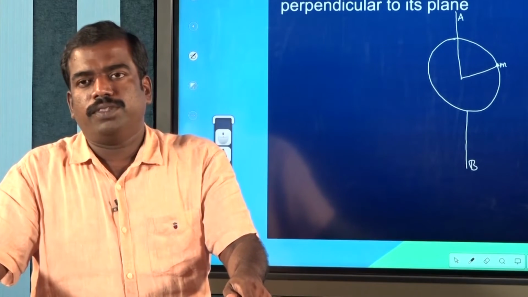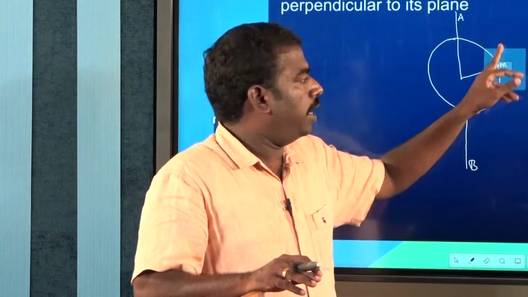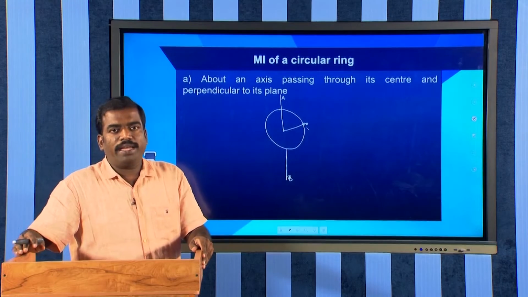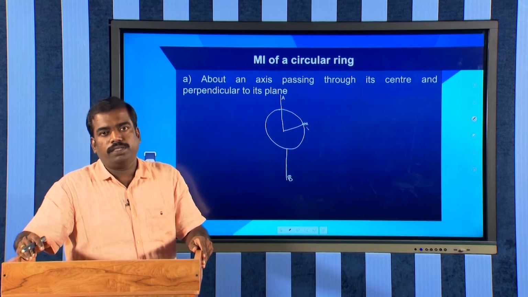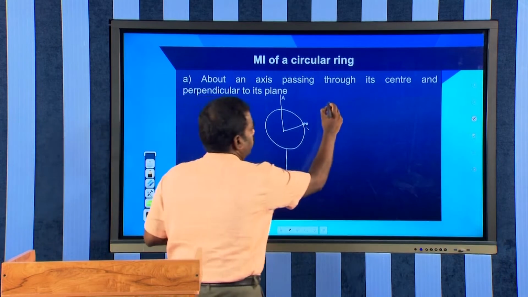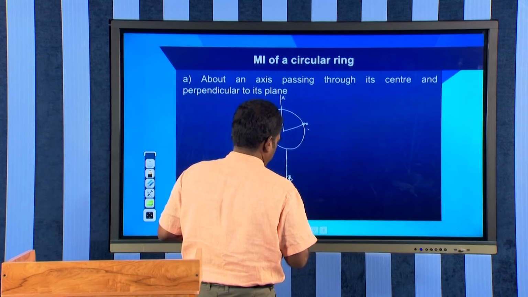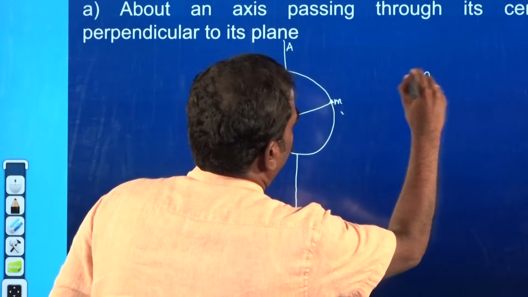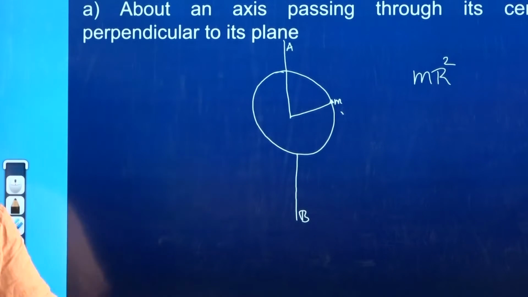For that, we consider a small particle of mass m at the rim of the ring. Its moment of inertia is given by mass small m into distance, which is the radius of the ring, so it is m into r square.